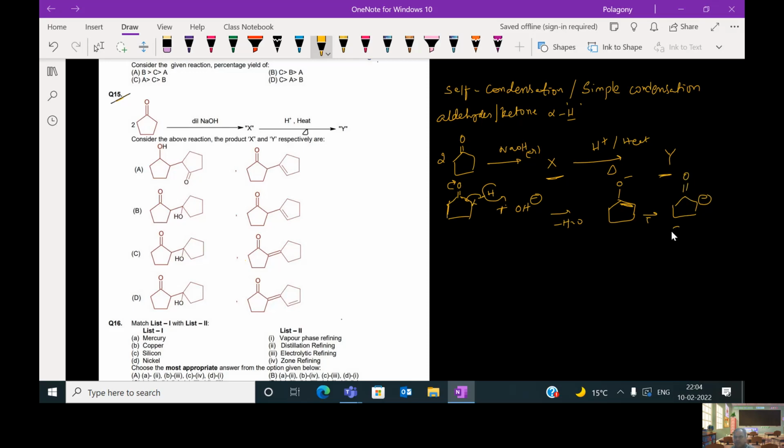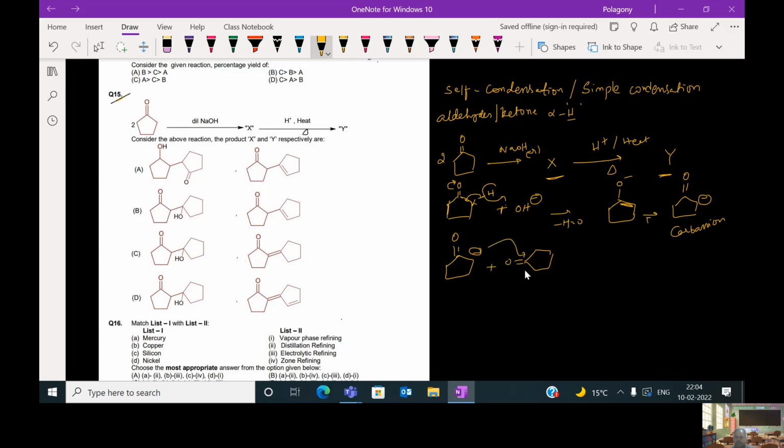Now this is called a carbanion. The carbanion is formed here, and now the carbanion attacks. This ketone having the carbanion attacks another cyclic ketone, the same molecule.